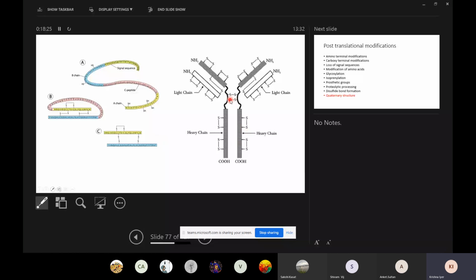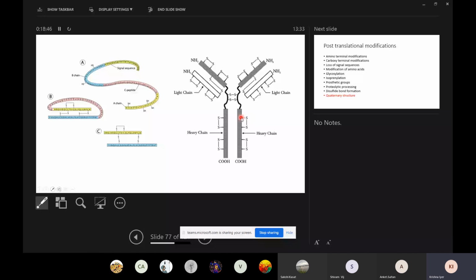In antibodies, there is an example where you have a disulfide bond between two heavy chains. These are the heavy chains, if you remember, and these are called the light chains. Heavy chains and light chains are also attached to each other, or interact with each other, through disulfide bonds, which are called interchain disulfide bonds. But there are also disulfide bonds within the light chain and within the heavy chain.